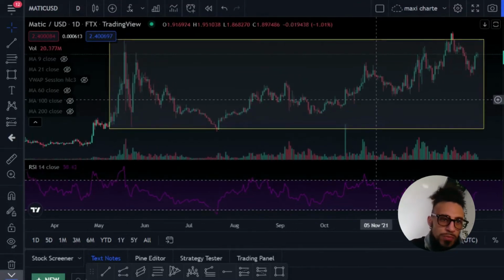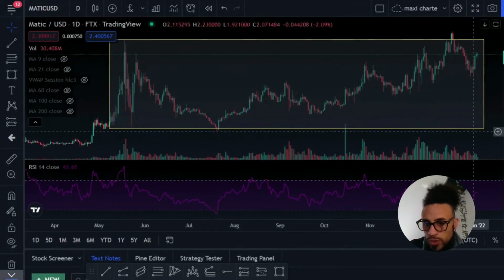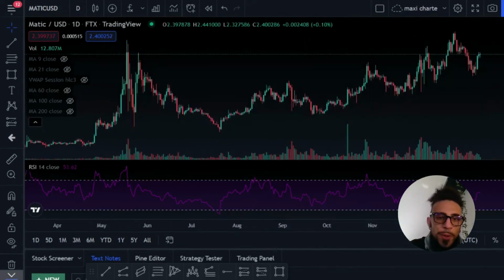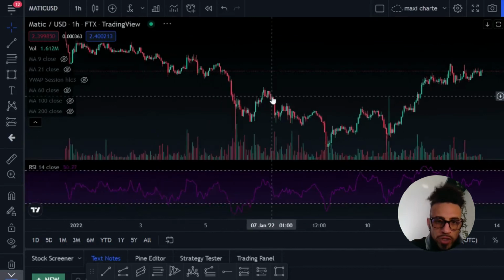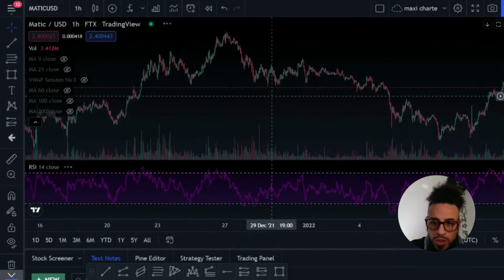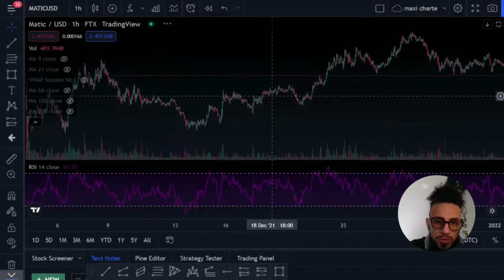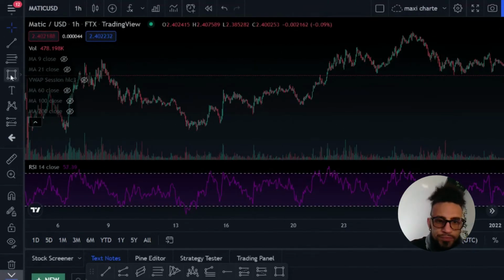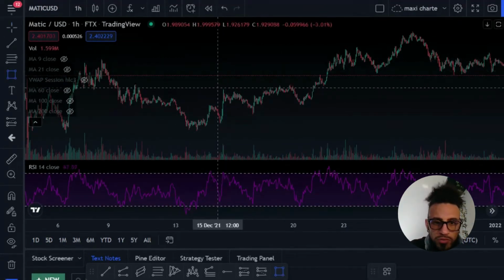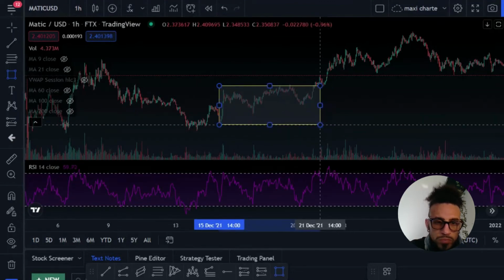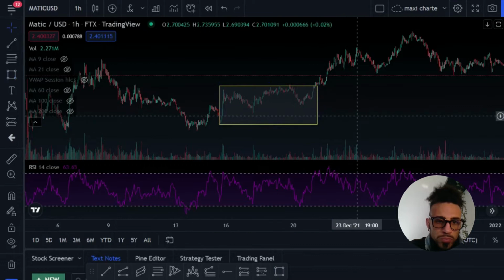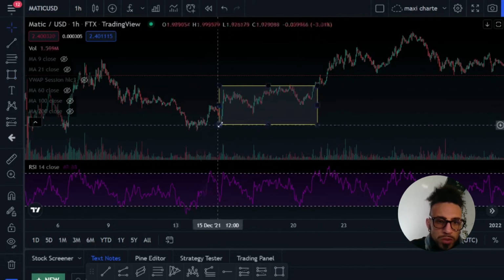So this is the range. If we wanted to see something different, we've got different time frames. So say we go down to a 1 hour time frame and then find another range, all right? Let's see, for example, here. We got another range right here. So we got a swing low.